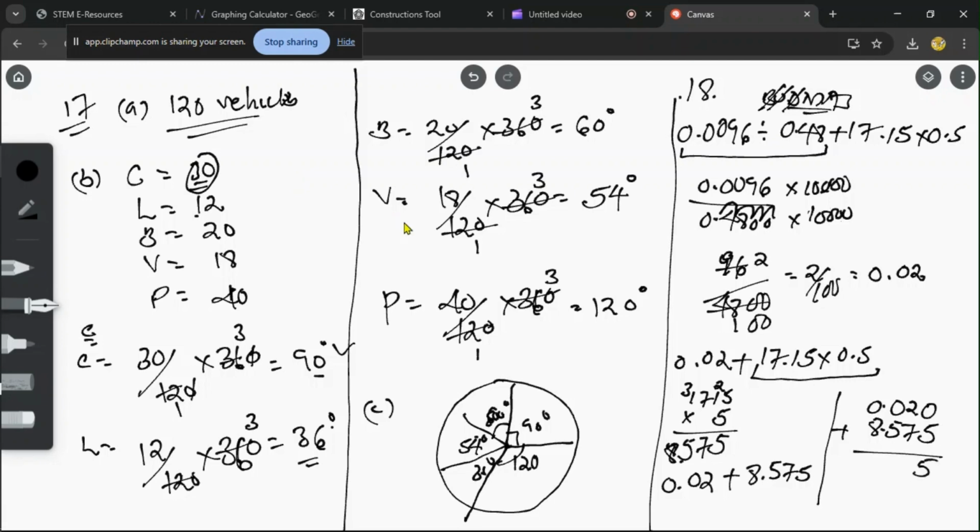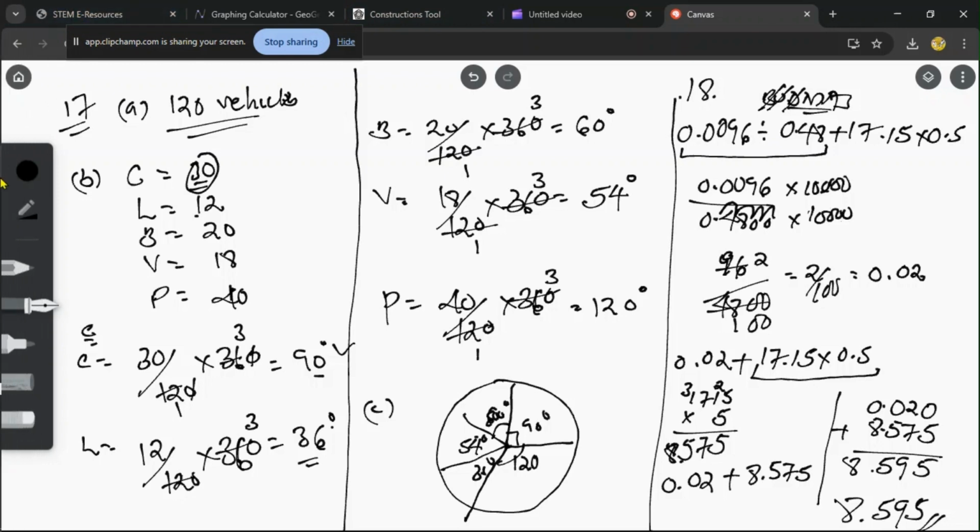The answer here is 5. We have 9, we have 5, and I have the decimal here, then you have my 8. So the answer is 8.595. You have the answer like that, right?